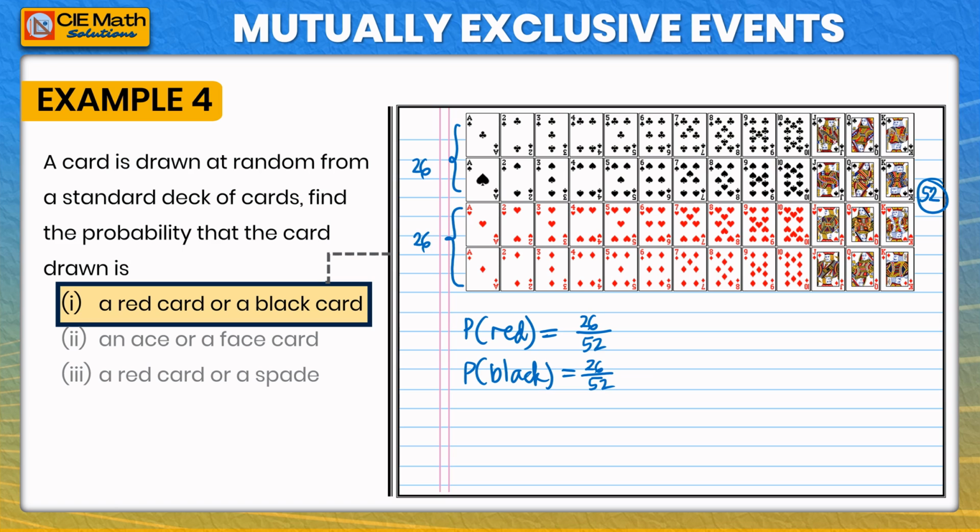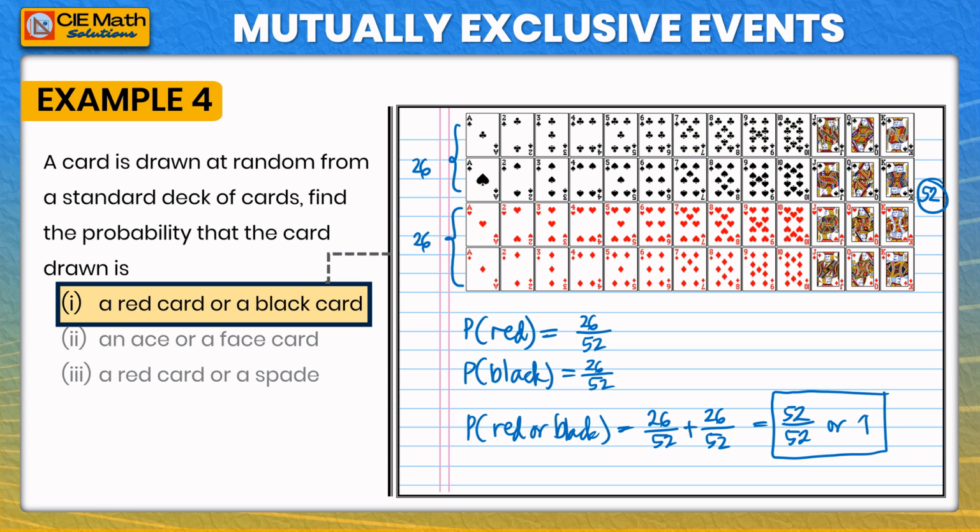Getting then the probability of a red or black will be the sum of the two probabilities. Probability of red is 26 over 52 and probability of black is 26 over 52, which gives us 52 over 52 or 1. So the probability of getting a red or a black is 52 over 52 or 1.